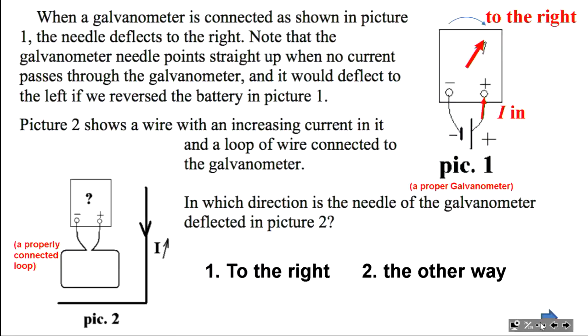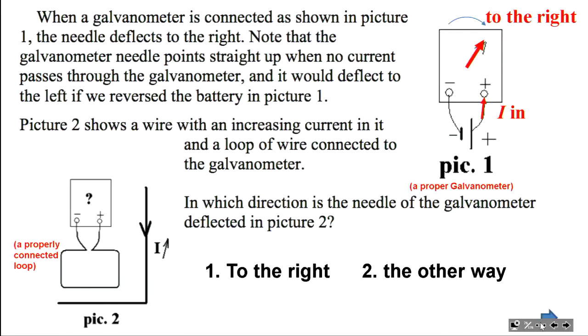This example involves, and it's very important, a so-called proper galvanometer. What is a proper galvanometer? It is a galvanometer for which we know how it will be deflected if we attach a battery to it. This battery, as any battery, has two electrodes, positive and negative.